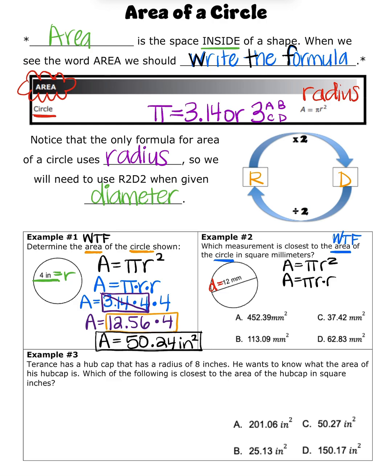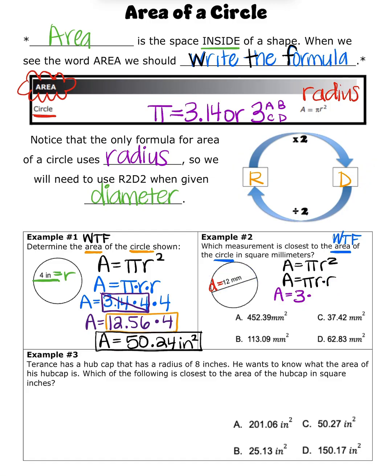This time I have answer choices, and so I'm going to use just 3 instead of 3.14 to show you what that looks like. So I'm going to plug in for pi 3. So I have area equals 3 times. We don't have an r. We have a diameter, so we need to use R2D2 to make our radius.